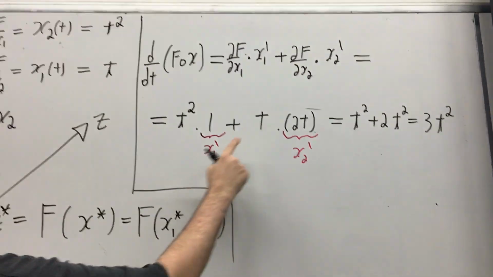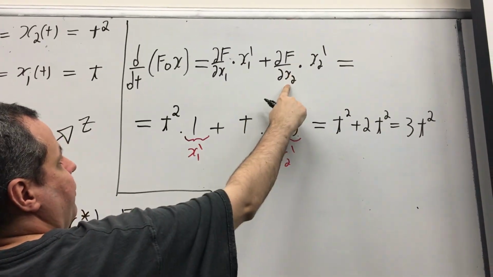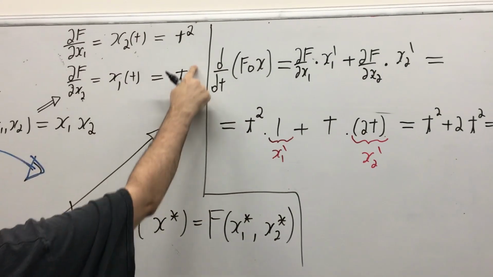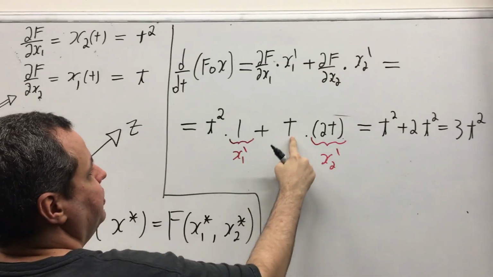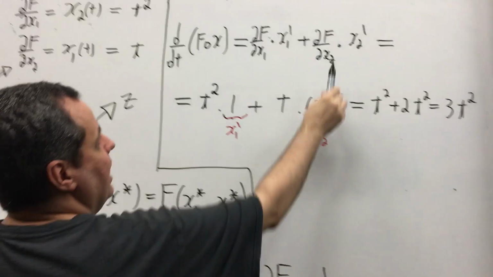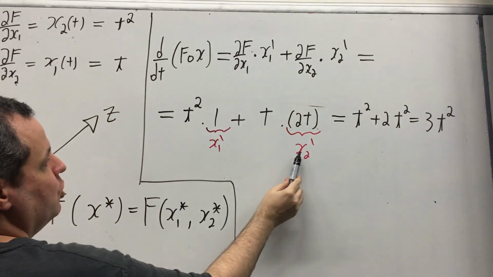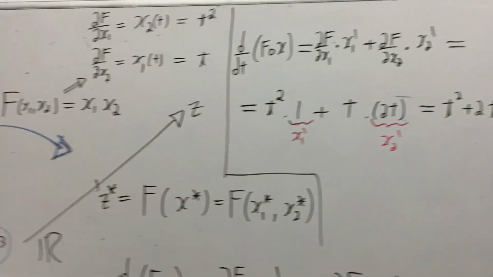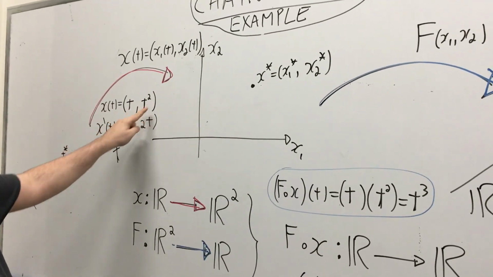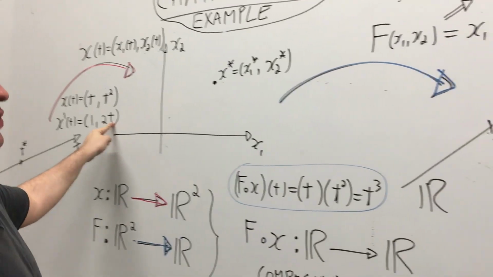Plus the partial derivative of F with respect to x2, which is x1, so this is t here, times x2 prime, which is 2t. Remember, the second coordinate was t squared, and its derivative is 2 times t.